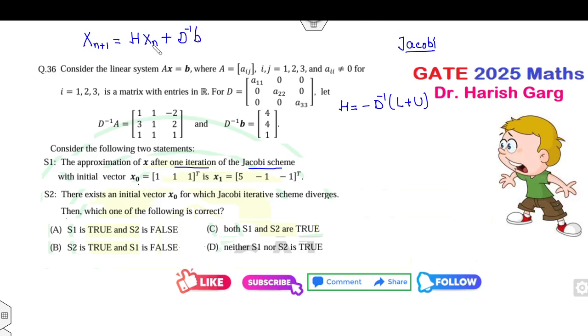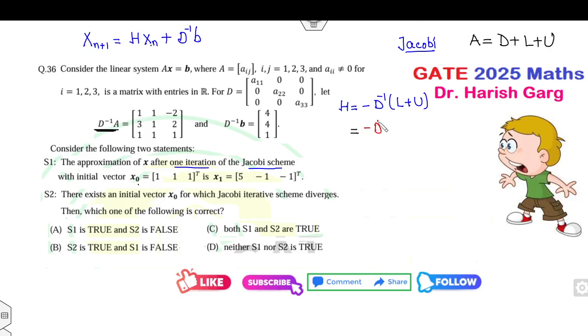Now x0 is given to you. Your target is to find the first iteration. So firstly I can find the value of L plus U. What is L plus U? L plus U is not given to you, but A is given to you. So we all know A is L plus D plus U. Fine.